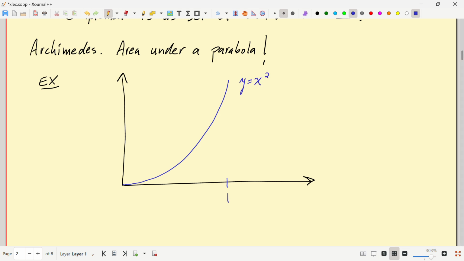Okay, and the classic calculations are, let's see, first, color. I'll take the left endpoints and do a Riemann sum.